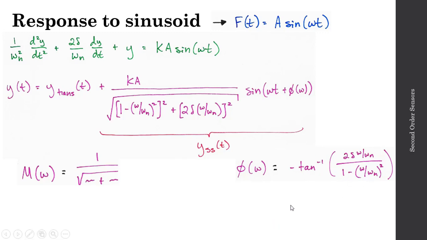And so you notice then, for the second order sinusoidal response, both the magnitude and phase are dependent on the damping ratio zeta, the natural frequency of the system, as well as the input frequency, so omega n as well as omega.